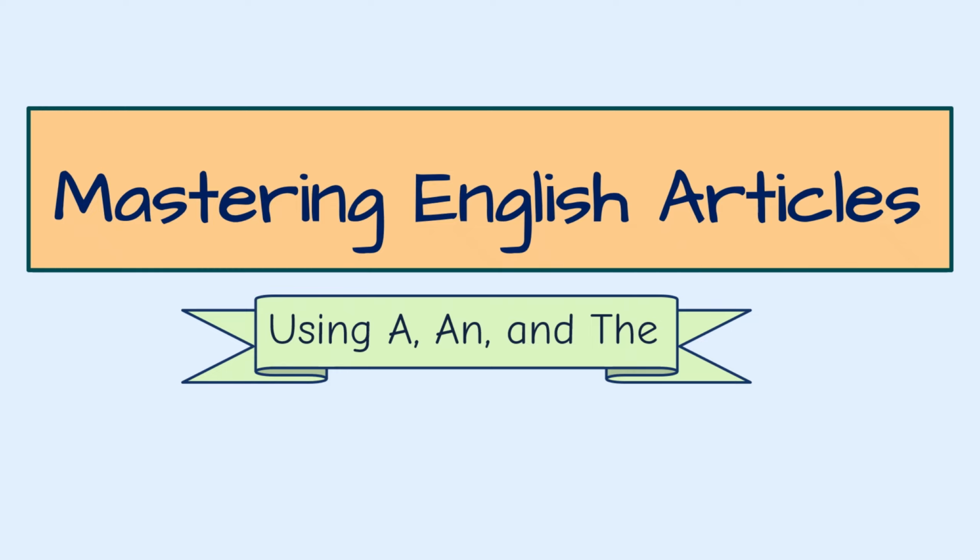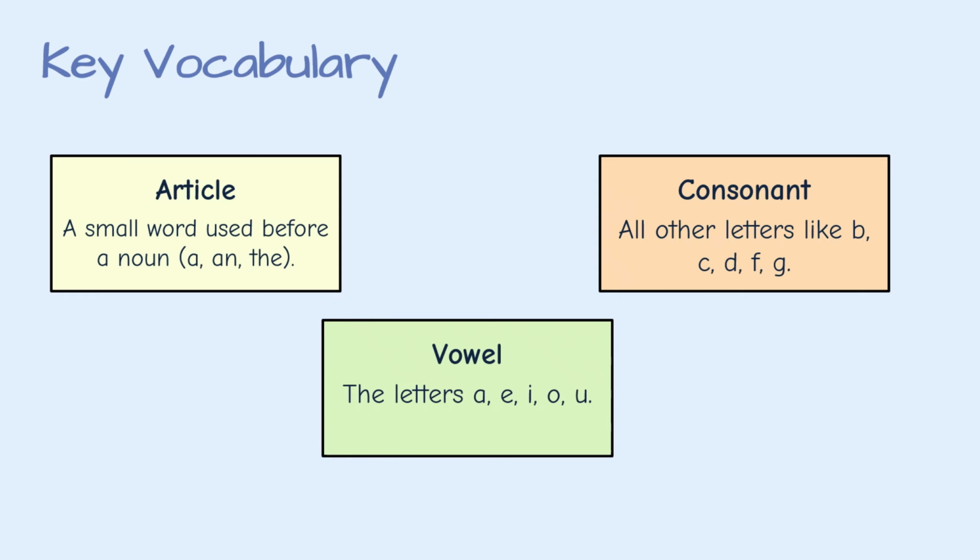Let's begin. For this lesson, you would need to know three different key words. 1. Article, which is a small word that is used before a noun. For example, a, an, and the. Second we have is vowel.